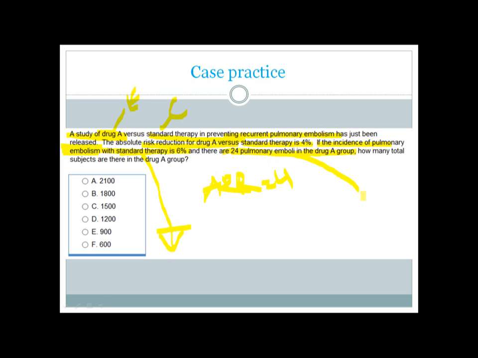Now how many total subjects are there in the drug A group? This is also a tricky question, and I think we can solve it very easily from our previous ideas of ARR. So let's just put some numbers on the board.